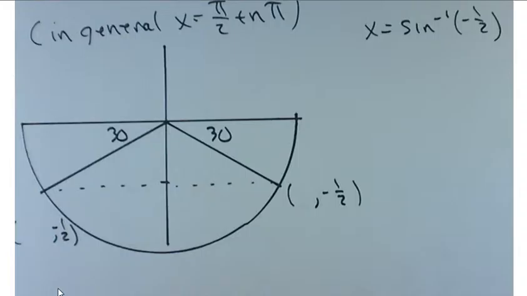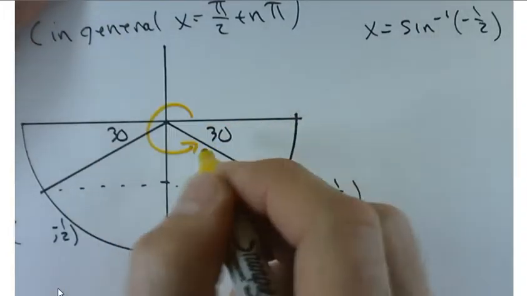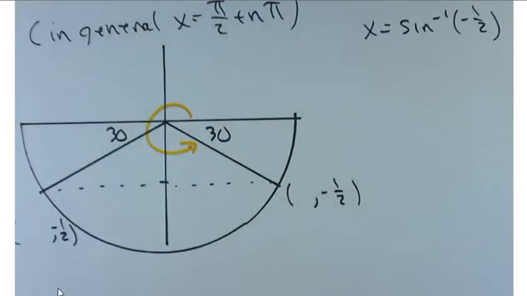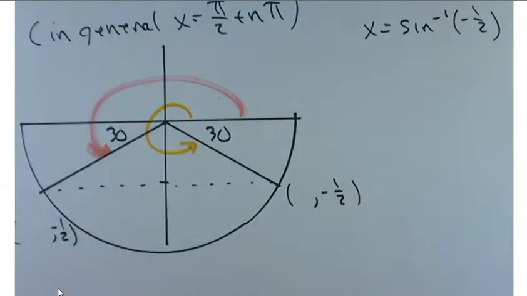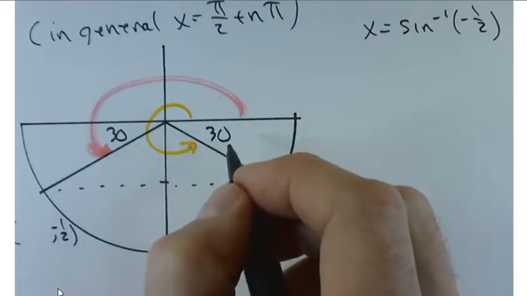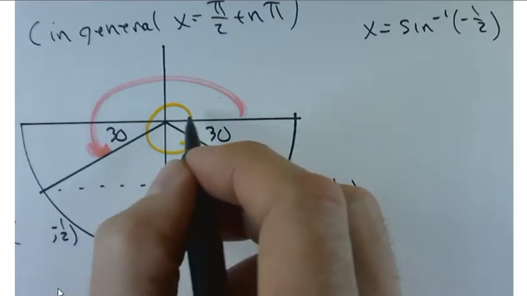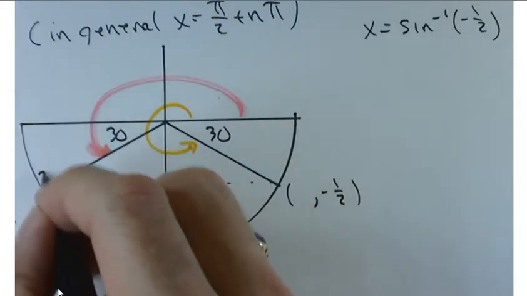What I want in general, though, is this angle and this angle. Let's figure out those angles in degrees first and then radians second. In degrees, this is 180 plus 30, that's 210.